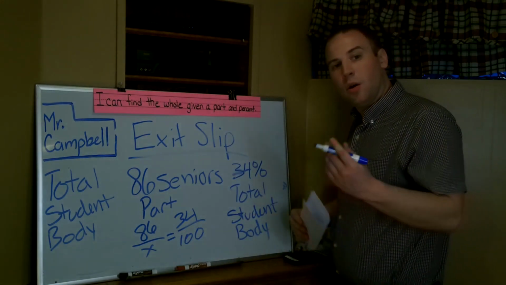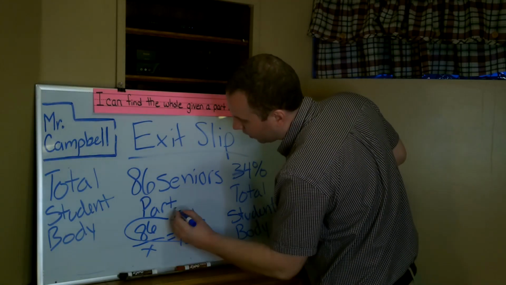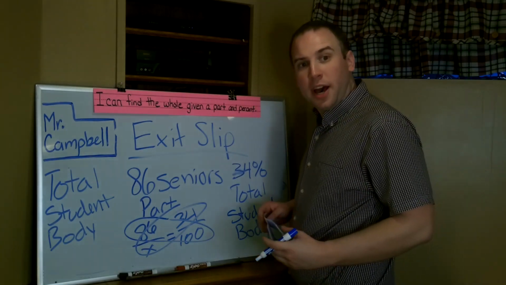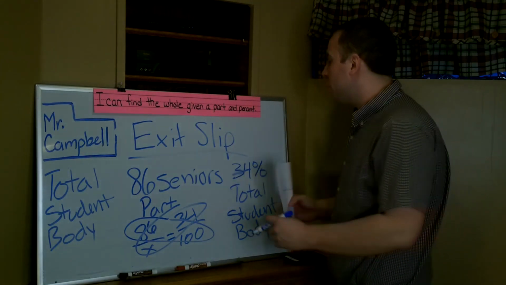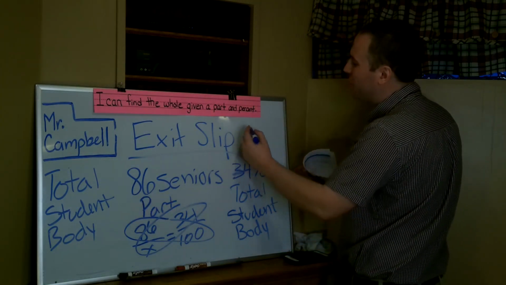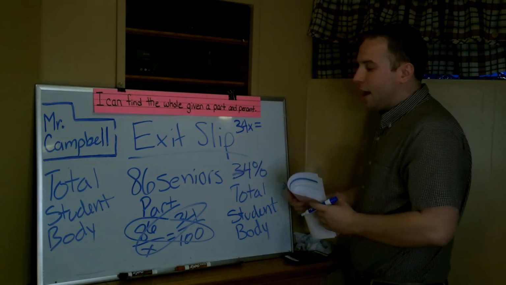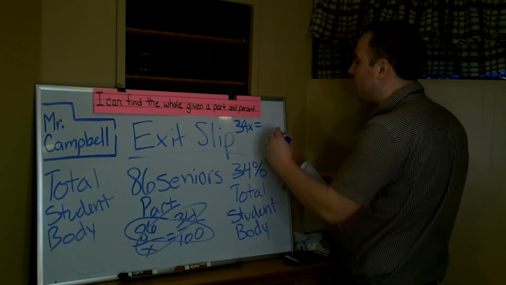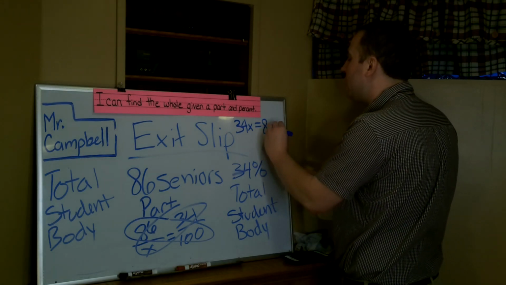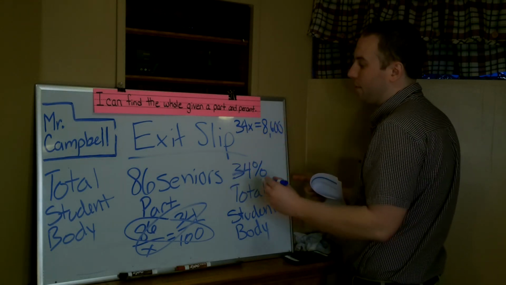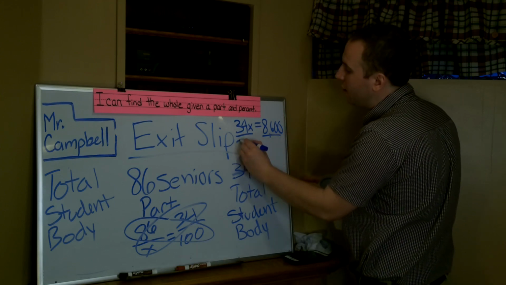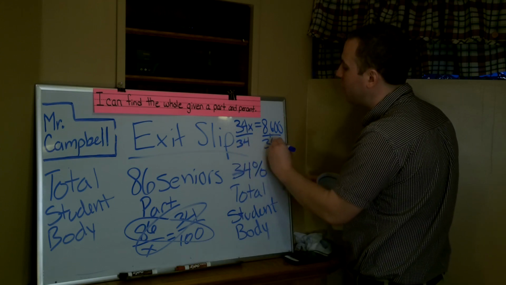Once again, what are we going to do? Cross multiply. 34 times x, because I have run out of room down here, I'm going to go up here, gives me 34x. And that equals 86 times 100, or 8,600. Once again, we can divide both sides by 34.